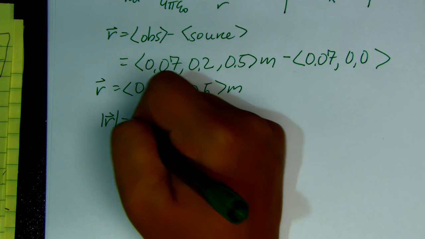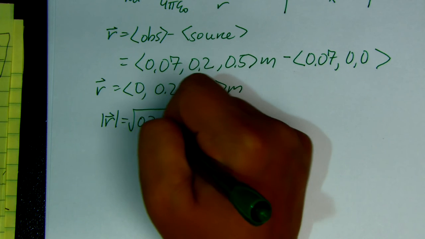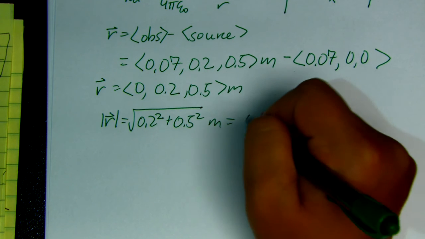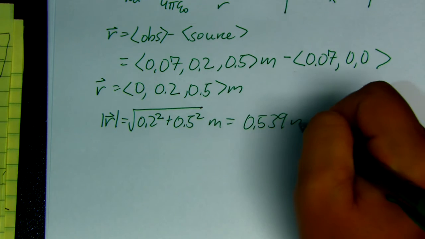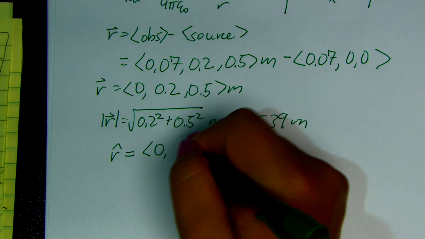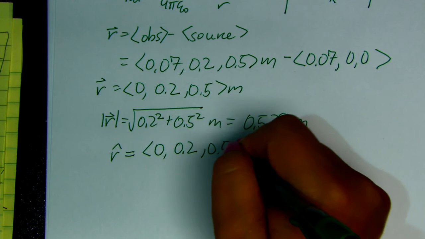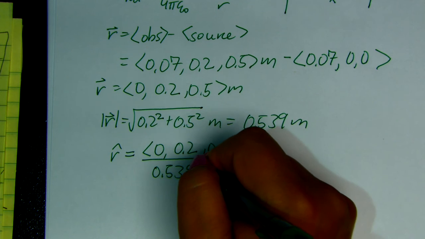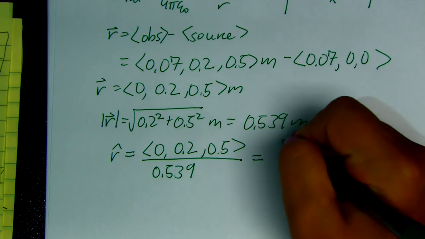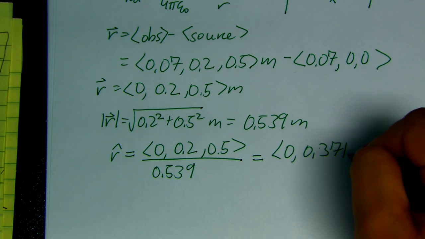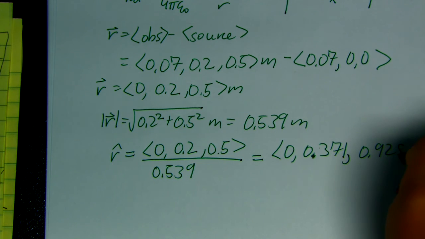Our magnitude is equal to the square root of 0.2 squared plus 0.5 squared meters, which is 0.539 meters. Our r hat is equal to 0, 0.2, 0.5 over 0.539, which is equal to 0, 0.371, 0.928.